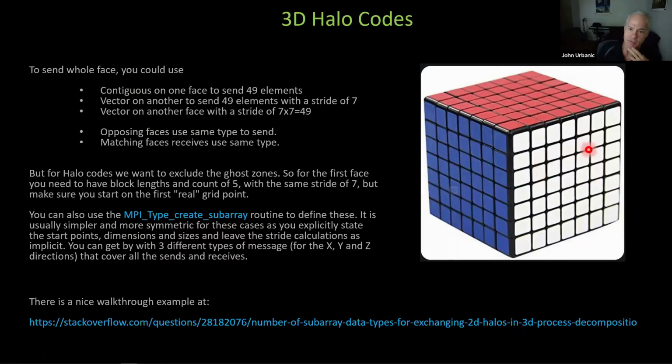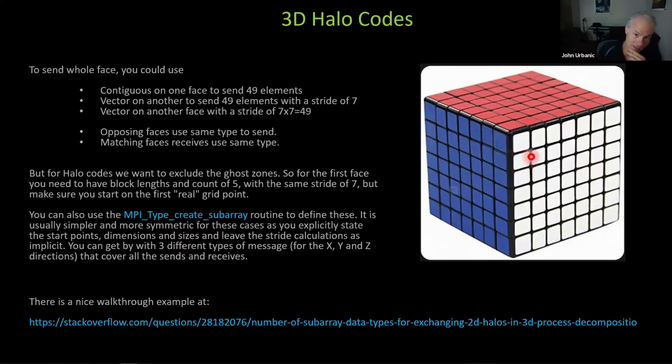And likewise, if you're sending faces in 3 dimensions, we really only want to send this inside 5 by 5 face. And if you don't get that, think again about ghost zones that you want to have to send messages and receive message buffers into. So if you really had in memory a 7 by 7 cube, you really only want to send the 5 by 5 piece that you're responsible for on the inside, and the outer layers are your ghost zones.